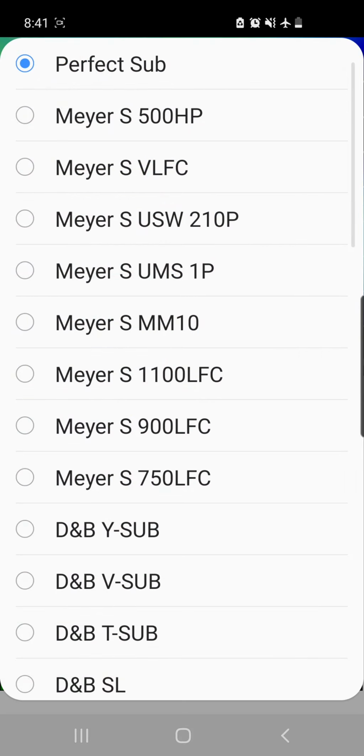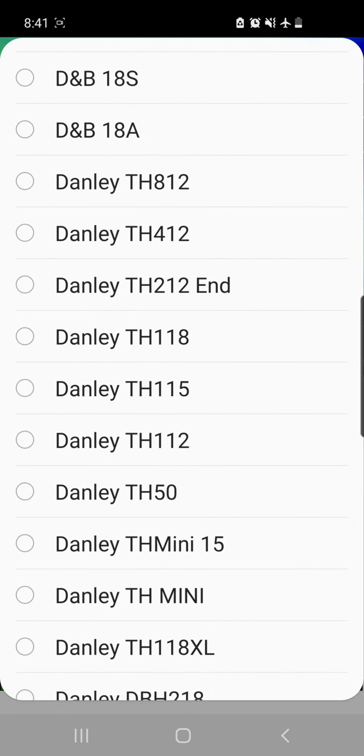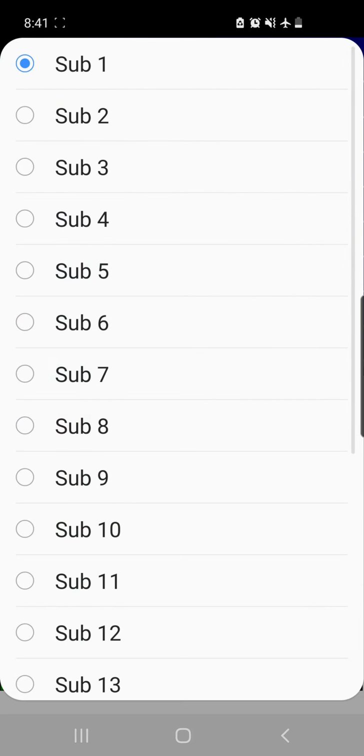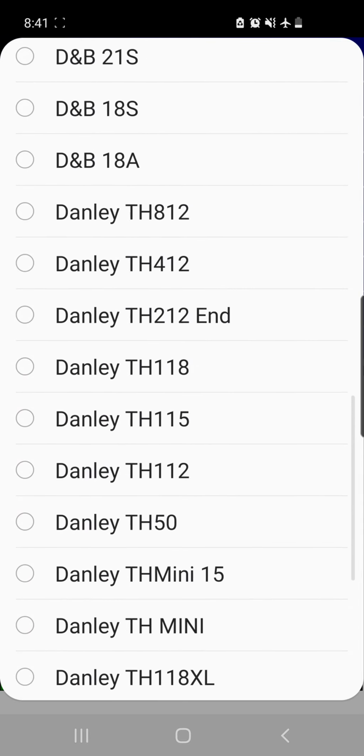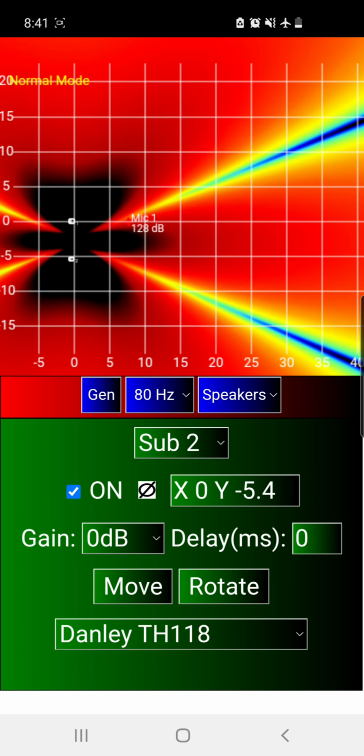I will change to a real sub like the TH118 from Danley. Okay, there you go. I have two TH118. What is going to happen at the end is the same. We have much more power, yeah, because it's a sub that is more powerful.